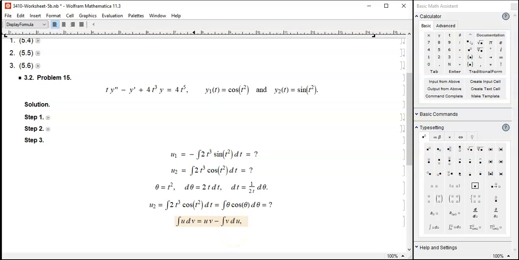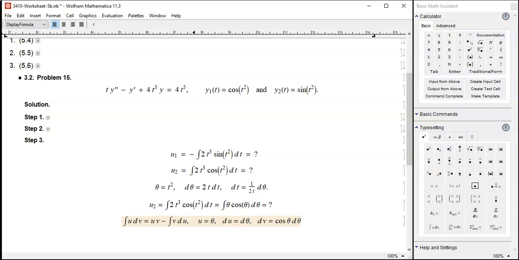And then here, u is theta, du is d theta, and dv is cosine of theta d theta.